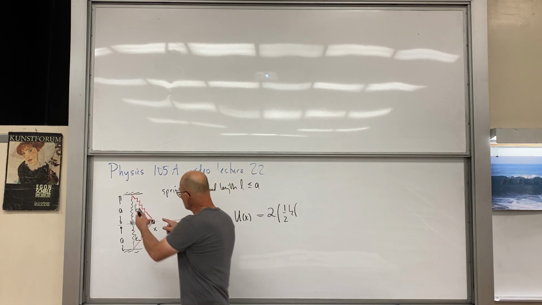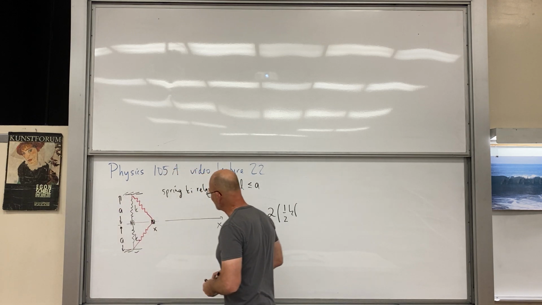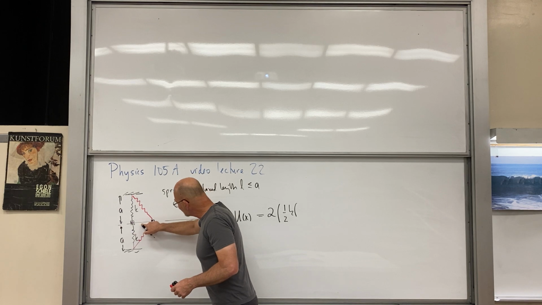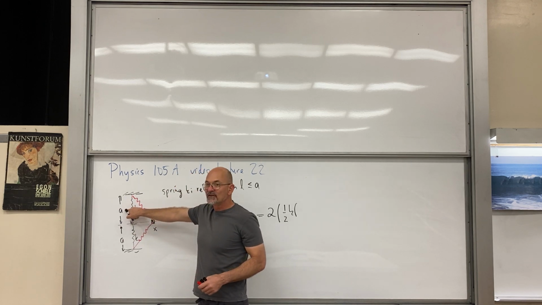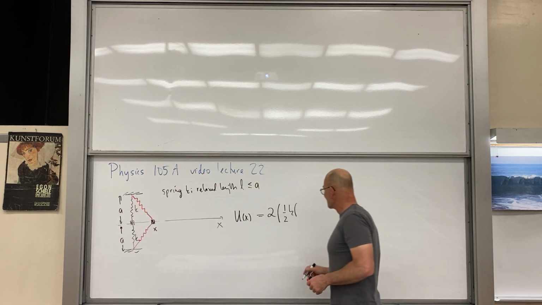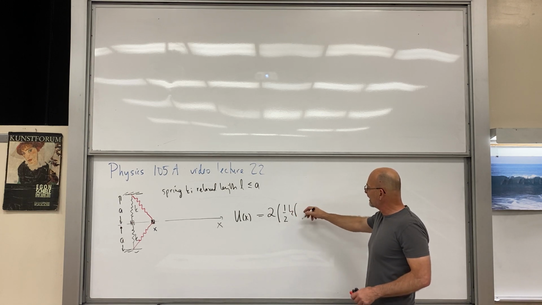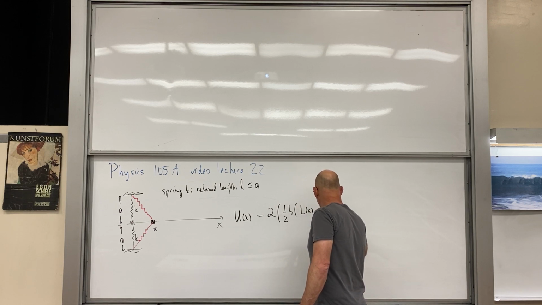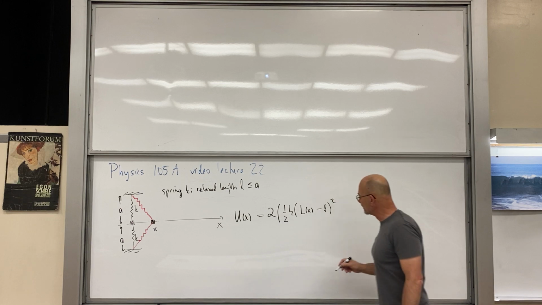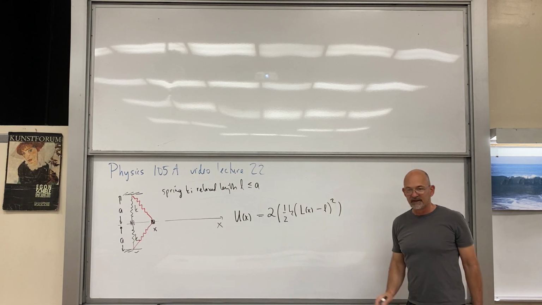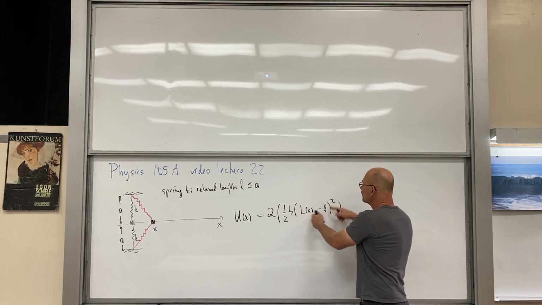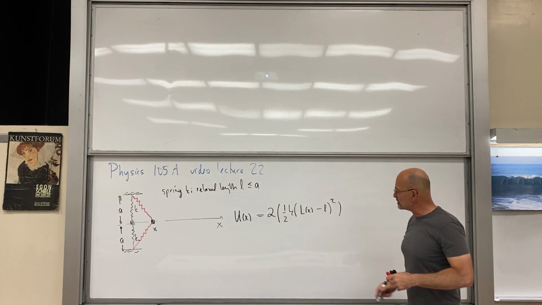So what do we have for the length of the hypotenuse here? Length of the hypotenuse is square root of x squared plus a squared. Okay. We've got 1/2 K, and we've got that length. I'm just going to write capital L of x minus L squared for the first try at this thing. Okay. Because it's that amount that it's been stretched squared that stores the potential energy in the spring.